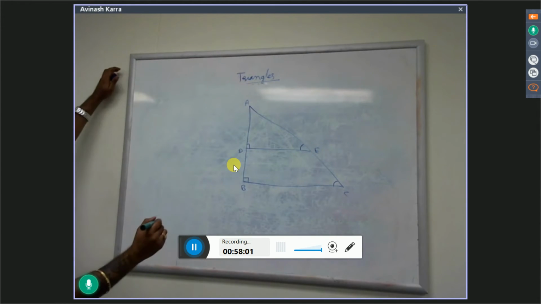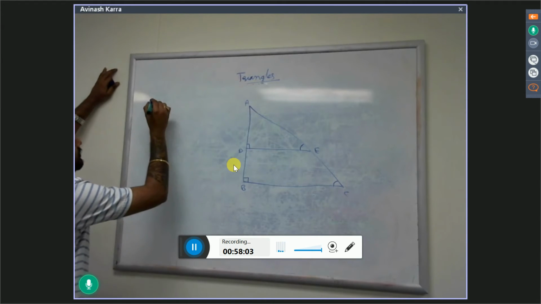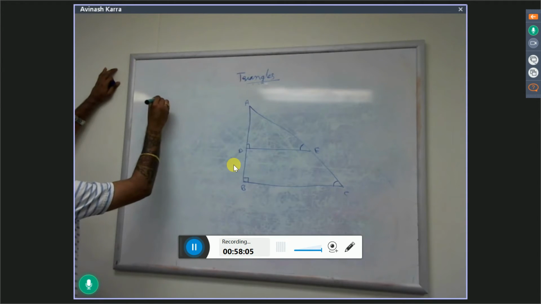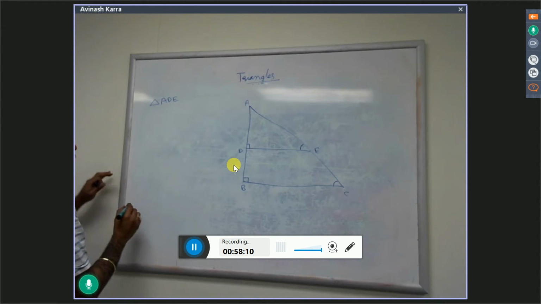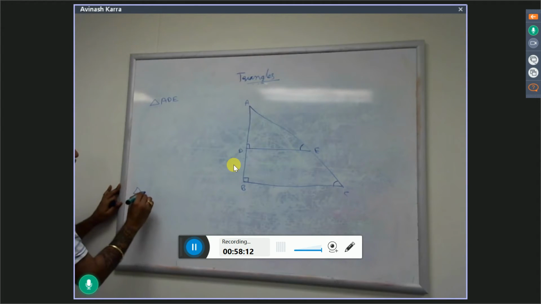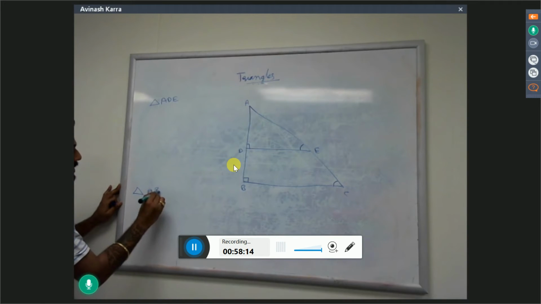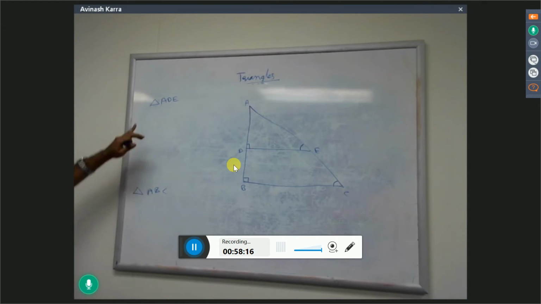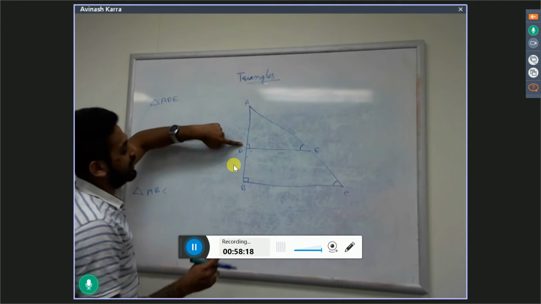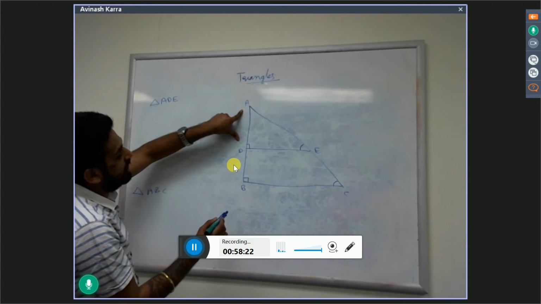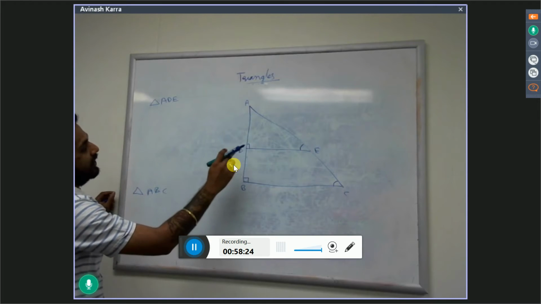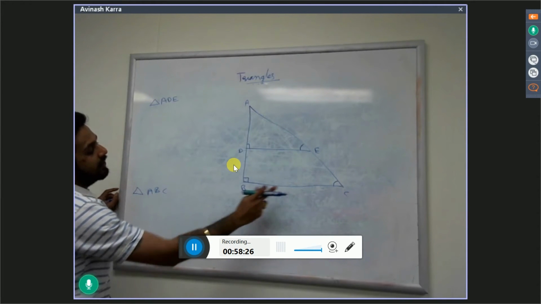See, first, let me consider triangle ADE and triangle ABC. If the corresponding sides, what is the corresponding side of AB in triangle ABC?